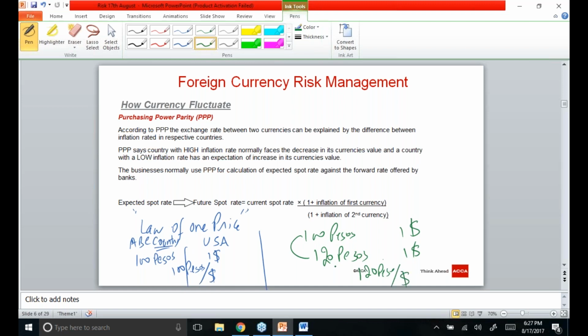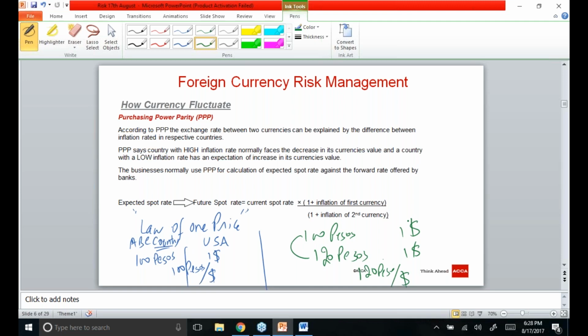You buy that commodity in ABC country by spending 120 pesos, or buy that dollar by spending 120 pesos and use that dollar in the USA to buy the commodity. So prices will be the same, and the price will change only because of inflation. Obviously inflation will change the prices, but the inflation impact will be exactly absorbed by the exchange rate.